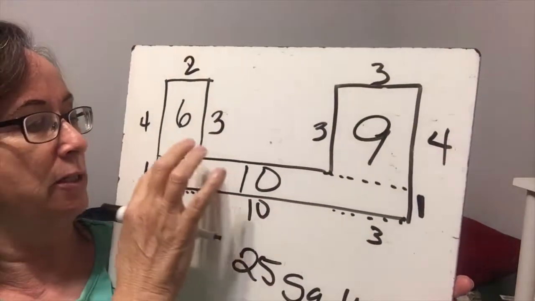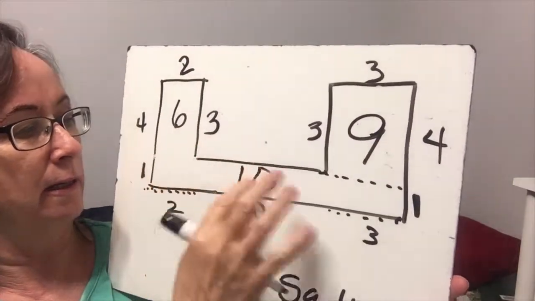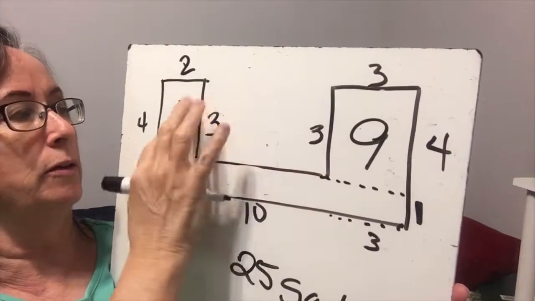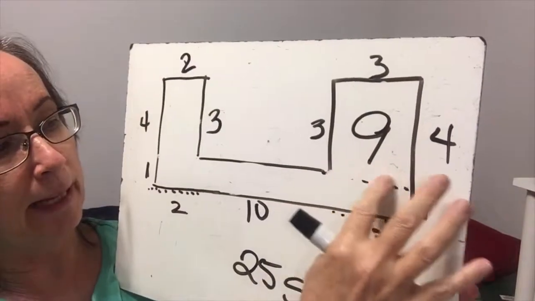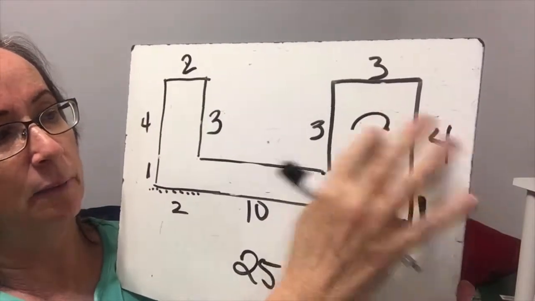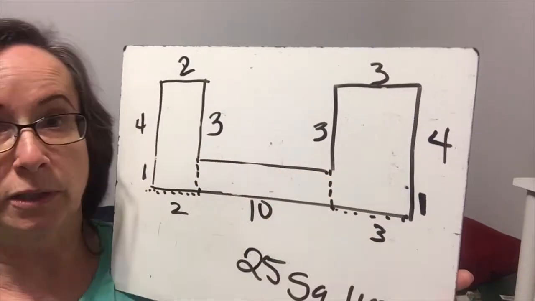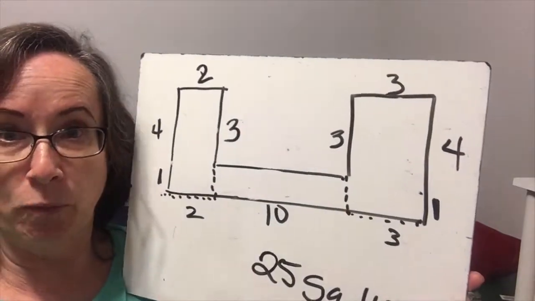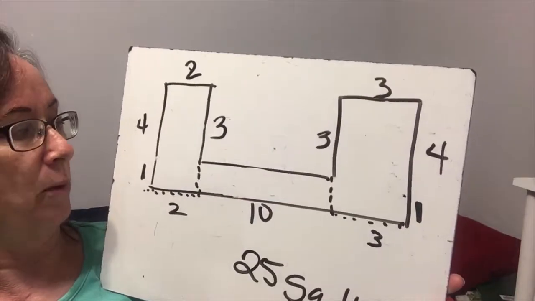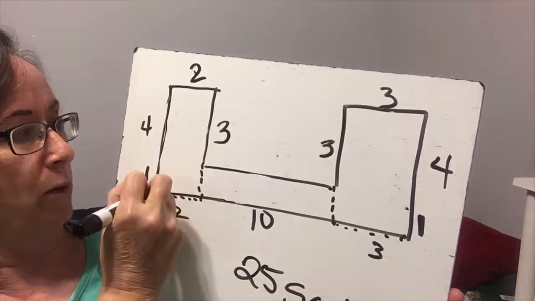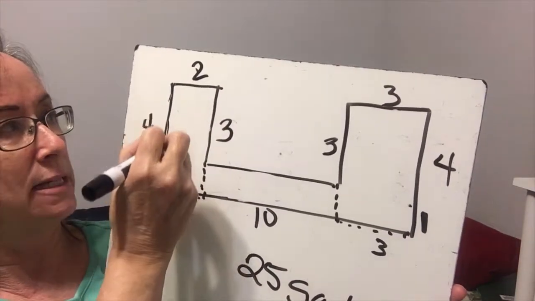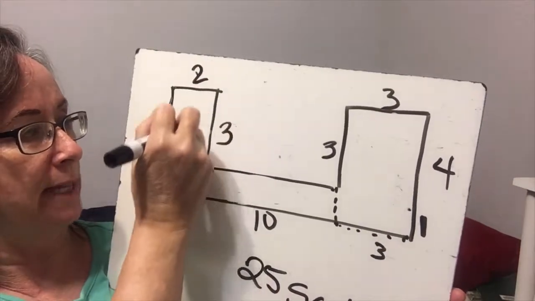So now we're going to erase our lines, erase our values, and go back. And this time, let's bring this down like this. We're going to do it a different way, just to check our work. So now this long side is 4 and 2. So 4 times 2 is 8.